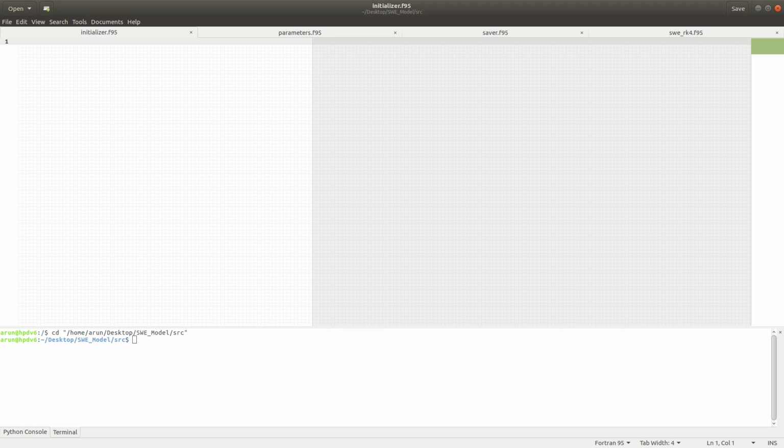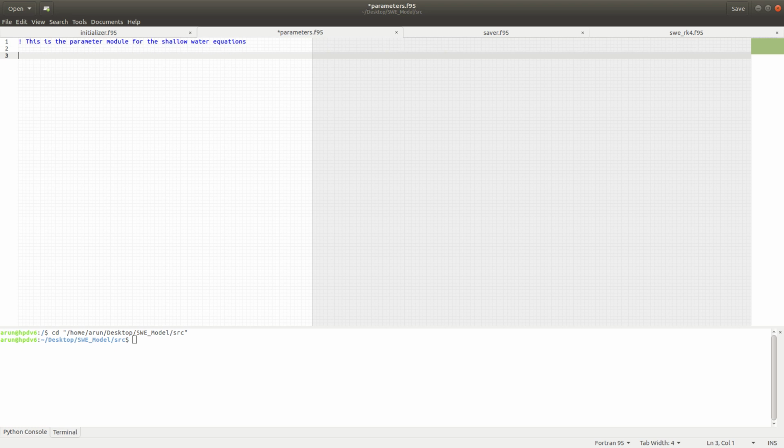Now, the first thing we might need is actually the parameter file. So let's go to the parameter file. Right now I've already written this program, so I'm just going to copy some of it and paste it in. This is the parameter module for the shallow water equations.